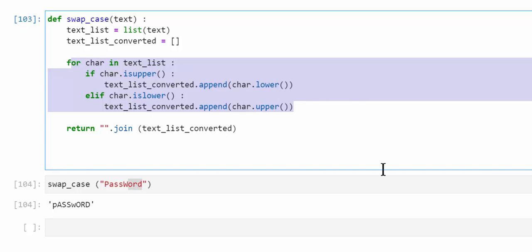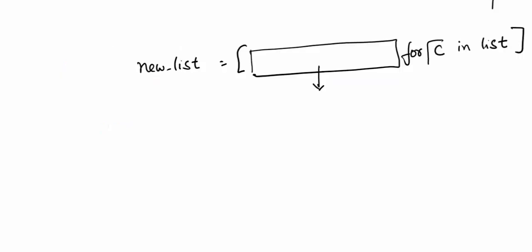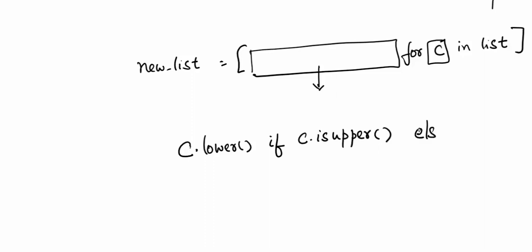How do we do that? In this box, basically we have access to this character, right? C dot lower if C dot is upper, else, meaning the only other case is you convert it into C dot upper. It's either lower or uppercase, right?